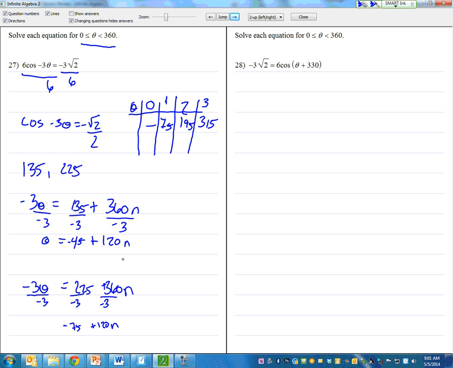When I plug in 0, once again, I don't get a value out. Theta equals that. So at 0, I get a negative number that doesn't work.